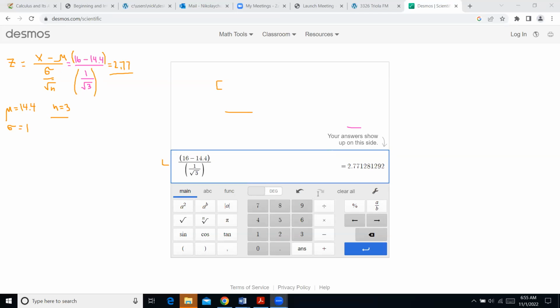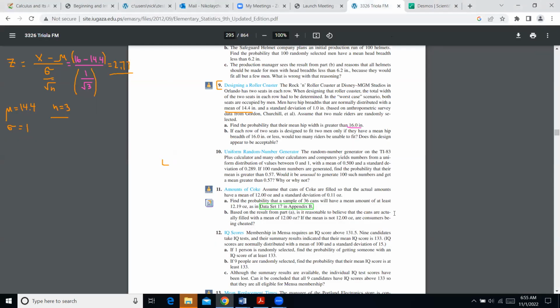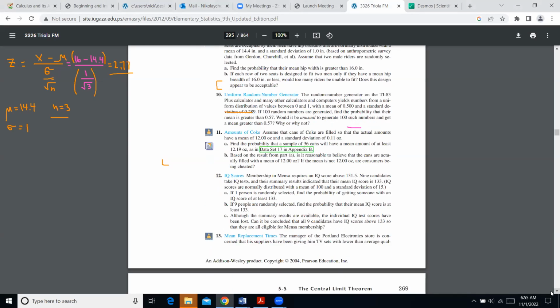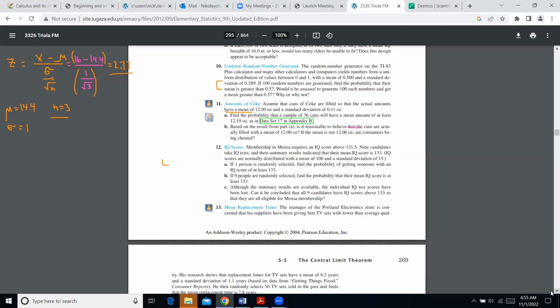Of course, the question is, what is this for? So let me actually select an exercise to better refresh your memories and also to see where we can apply all of these ideas. So how about problem number 11? Amounts of Coke in a can. So we know that when you purchase the can of Coke, it says there are 12 ounces in it.